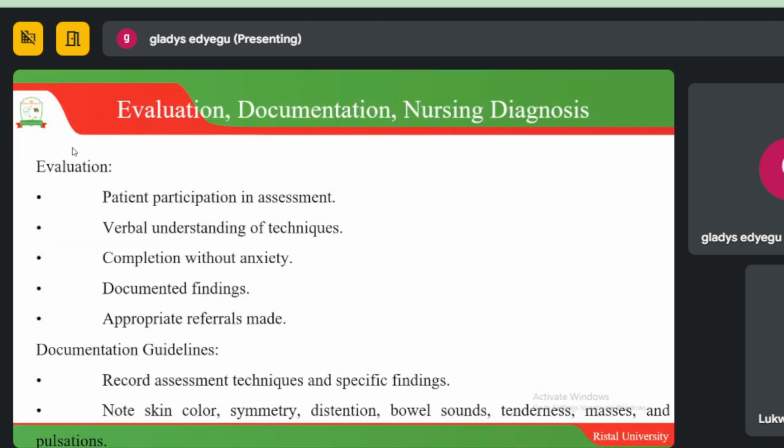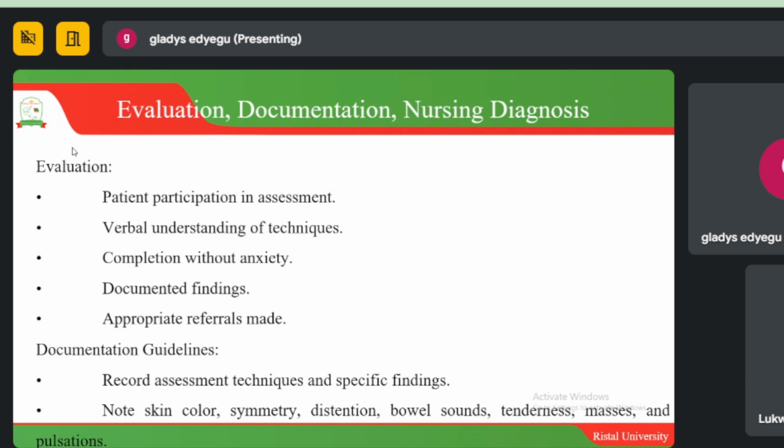So you should be able to know the normal sound and the abnormal sound when you're percussing, or also on auscultation. How should the normal bowel sounds sound, and how should the ones that are not normal sound? There you can differentiate whether your patient has a normal sound of the bowels or an abnormal sound of the bowels.